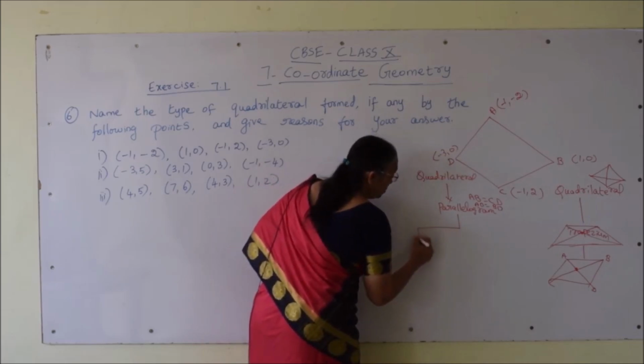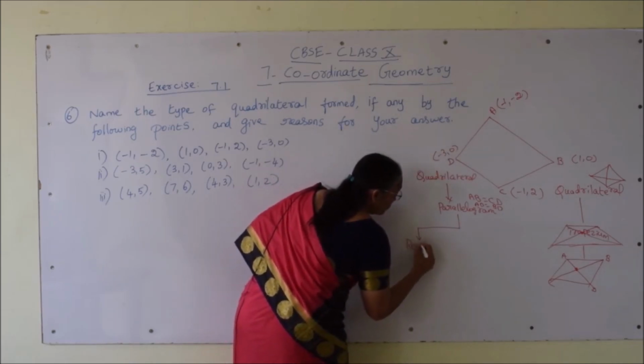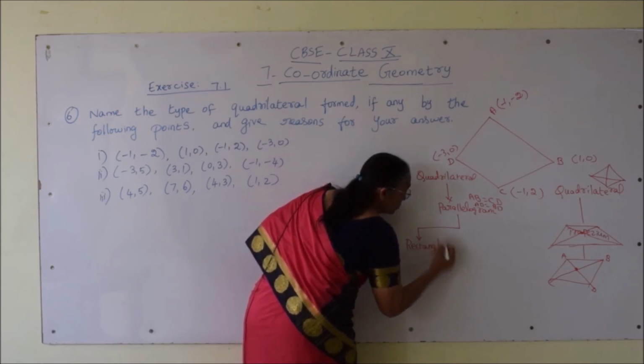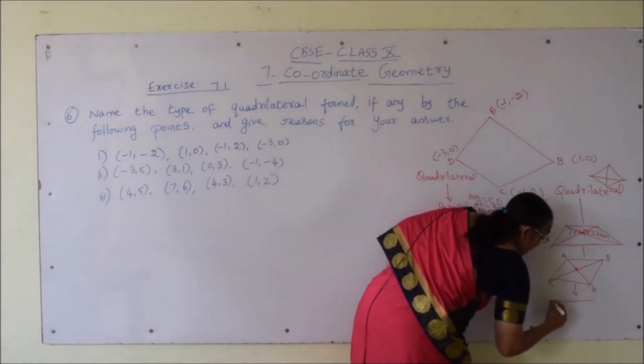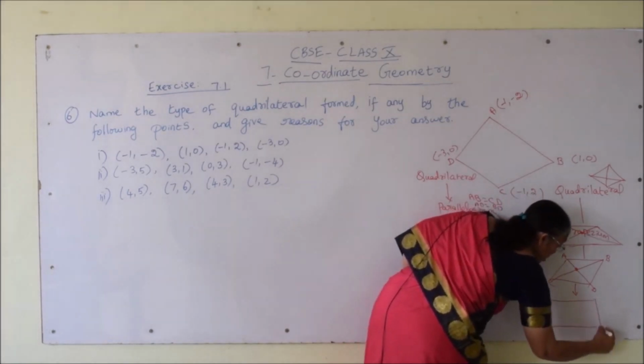Now, the parallelogram changes into a rectangle when each angle is 90 degrees.